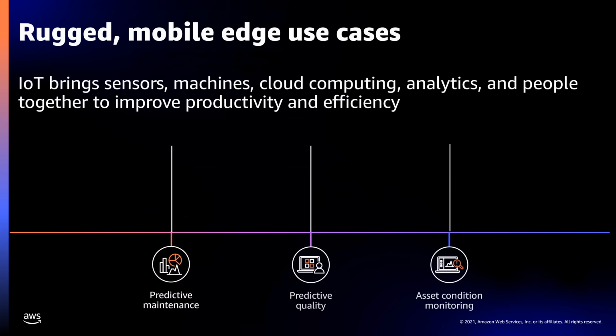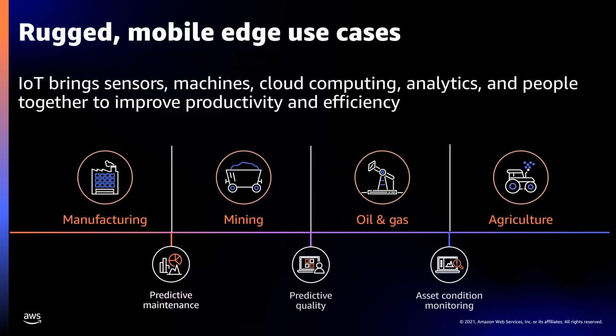You might have IoT that brings sensors, machines, cloud computing, analytics, and people together to improve productivity and efficiency. Use cases might be manufacturing facilities, remote mining facilities, oil and gas, agriculture. Basically anywhere you need low latency access, you may have data residency requirements, or disconnected requirements. That's what the Snow family is intended for, and it gives you the ability to do things like predictive maintenance at the edge, predictive quality, and asset condition monitoring.